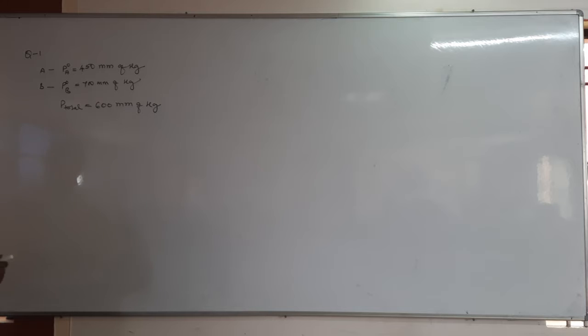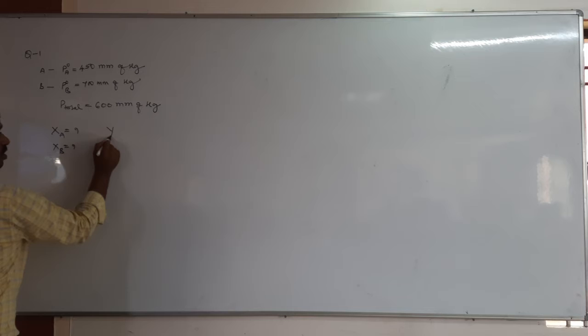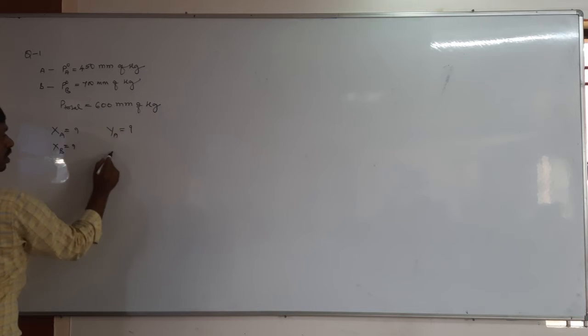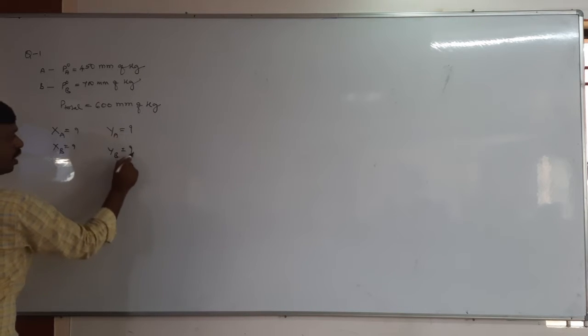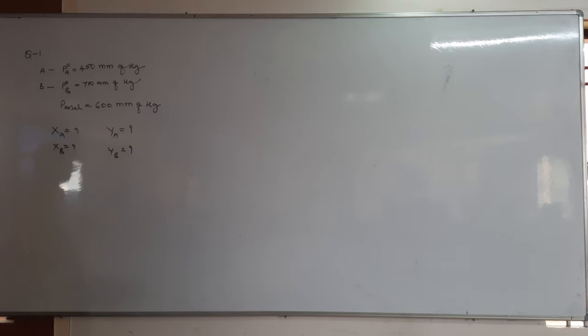But we need to calculate the mole fraction of the components in liquid state, that is XA and XB, and the mole fraction of the components in vapor phase, YA and YB. Now tell me, if the total pressure of the solution is given, we have a direct formula, the application of Raoult's law and Dalton's law.